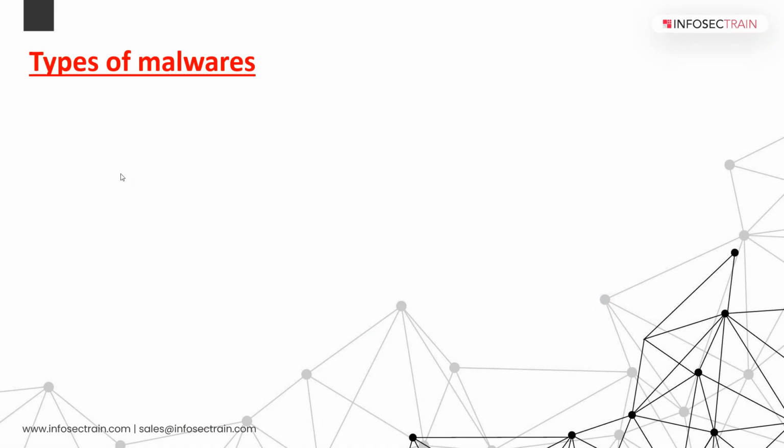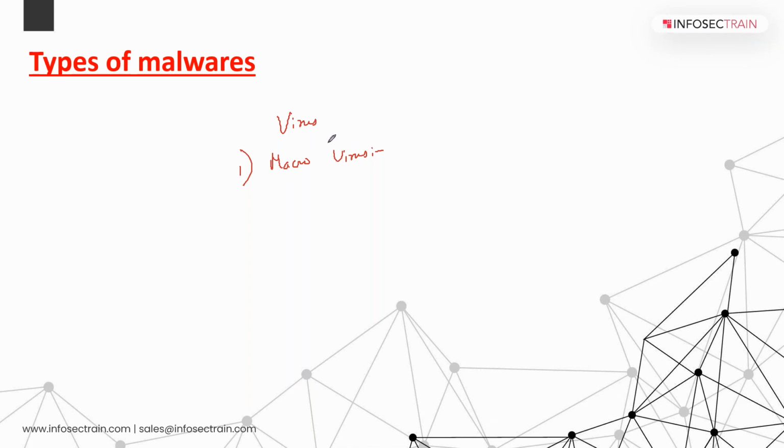If we are talking about malware, let's quickly discuss viruses as well. Now there are different types of viruses. Okay, so we have the macro virus. Now what does this particular virus do? A macro virus is going to infect all your MS Office files.